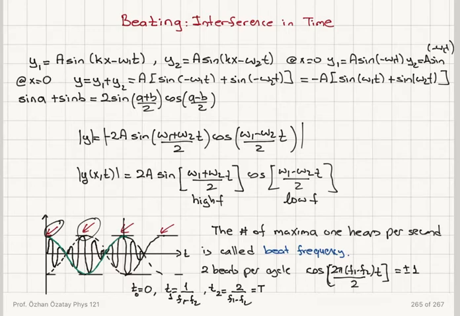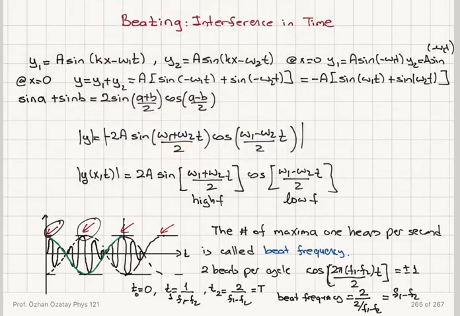So this is actually the period of the cycle. And so for the beat frequency, I will have the number of maxima I hear in one period, 2 over (f1 minus f2). So this will be equal to f1 minus f2.